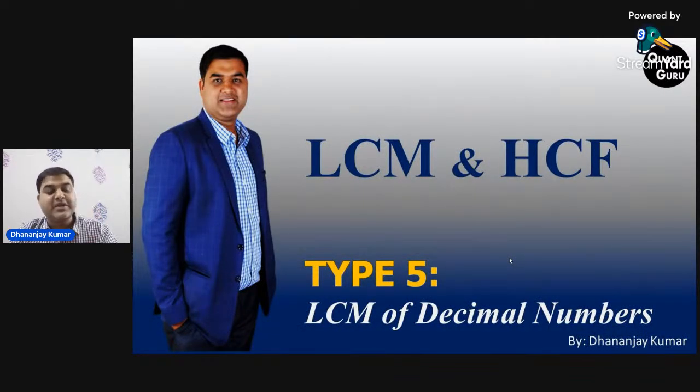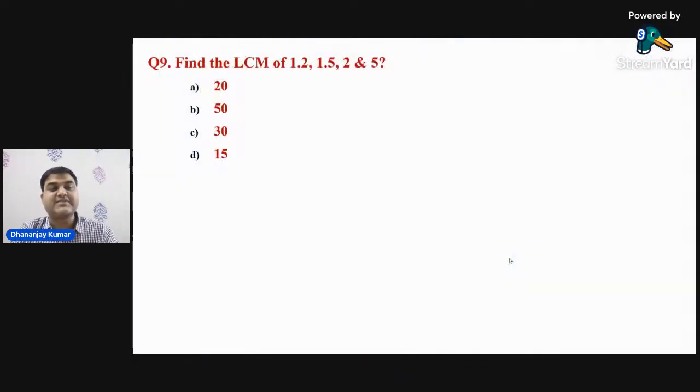LCM of decimal numbers. How to find the LCM of decimal numbers. Now, I want this to be answered by most of you and all of you. You people can answer this on your own because we have done the LCM. We know how to find the LCM, and we know how to find the LCM of fractions. I'm sure we can find out how to find the LCM of numbers given in decimal.